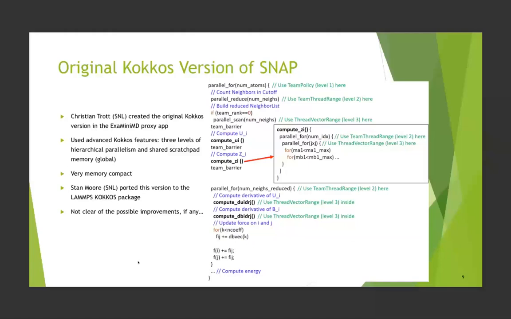So Aiden did a good job describing the original CPU version of Snap, and Christian Trott from Sandia took this CPU version and created a Kokkos version in a proxy app called ExaMiniMD. ExaMiniMD was part of the CoPA ECP project.